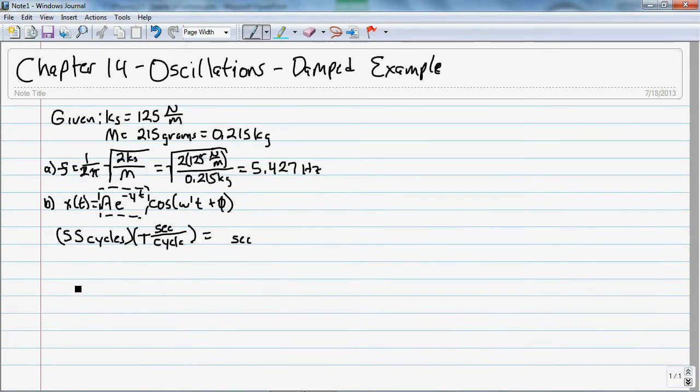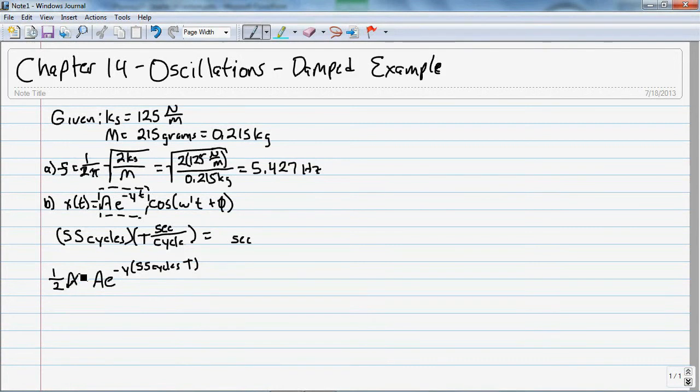So that will give us the time that it takes to get to half the amplitude. So we have 1/2 times A is equal to A e to the negative gamma times the 55 cycles times our period.